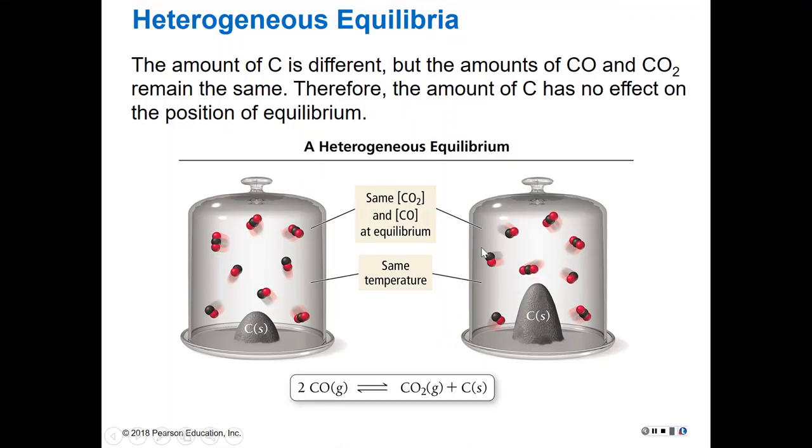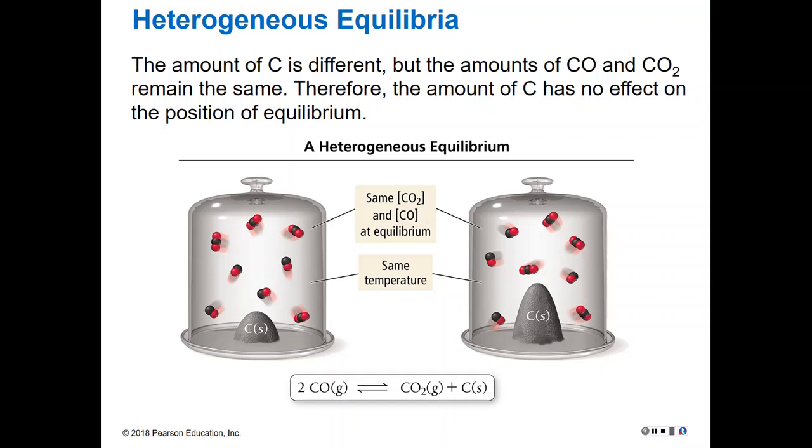All right, I've already said to you guys that we ignore solids in terms of solving for the equilibrium constants. We only look at gases and aqueous solutions, okay? The reason for that is because they're solids, the concentration really does stay the same. It might change form, but the concentration is what it is, okay?